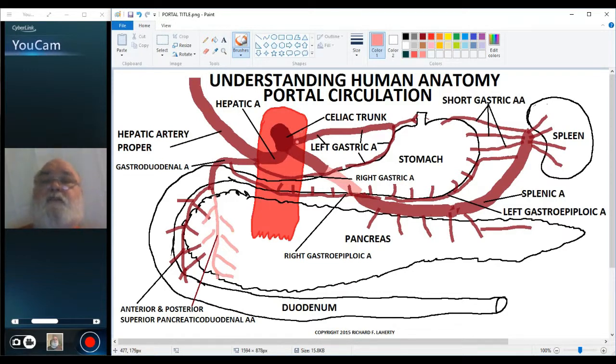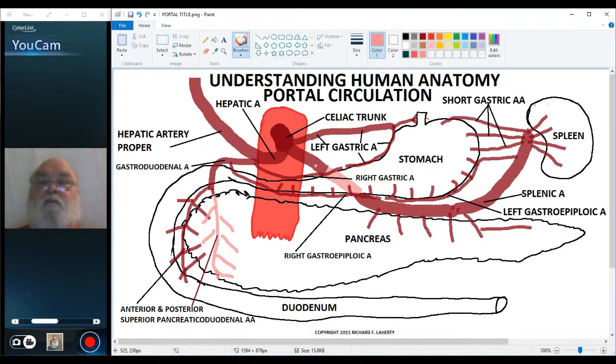So this is the celiac trunk and its three major branches: left gastric artery, splenic artery, and hepatic artery. The left gastric artery will supply the terminal portion of the esophagus, and it will form the left gastric artery that runs along the lesser curvature.